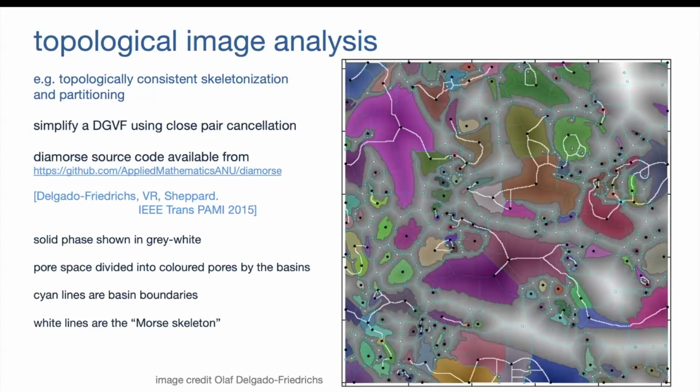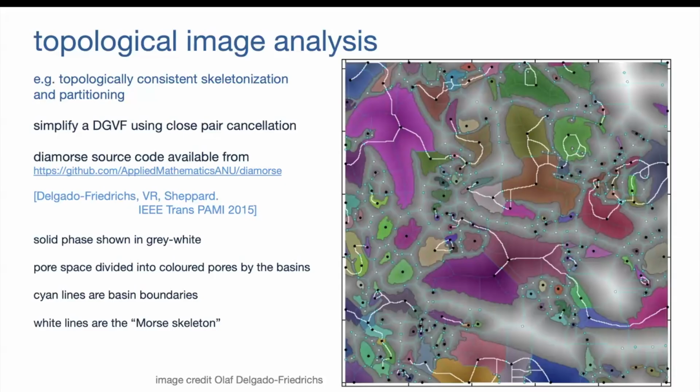This picture is really obtained from analyzing the gradient vector field. The colors are pixels, all of which, if I follow gradient lines from those pixels, I will end up at one particular local minimum.